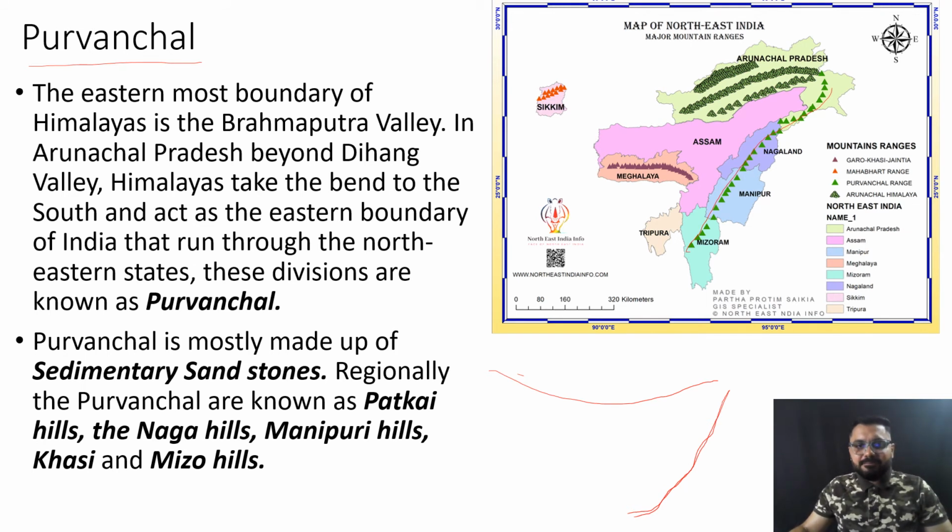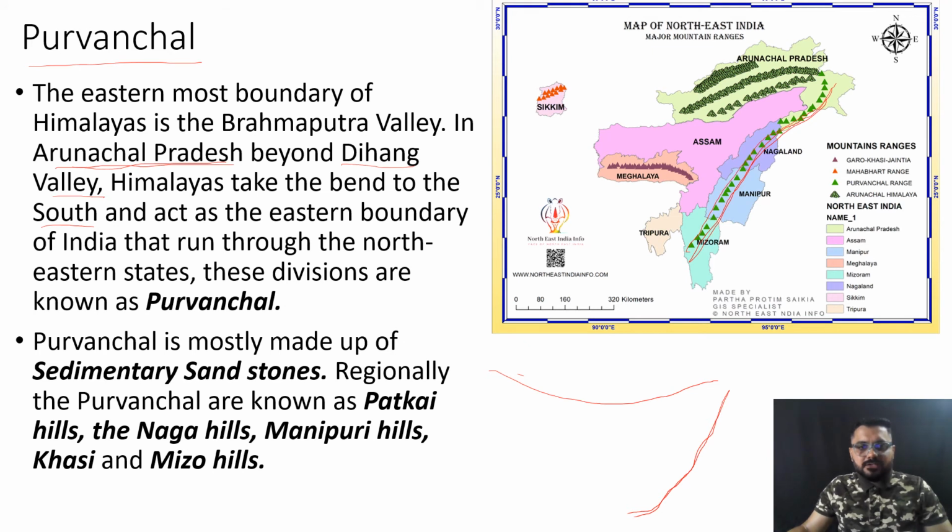This bend happens at a point in Arunachal Pradesh, at a point called Dihang Valley. They take a sharp bend towards the south, and they act as the eastern boundary. You can see here, children, this range of Himalayas acting as the eastern boundary.